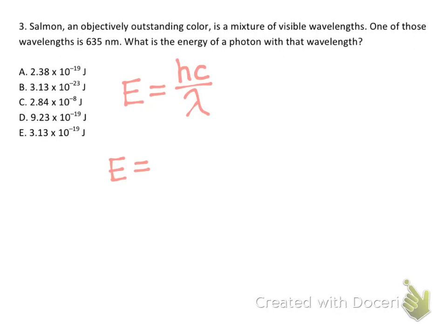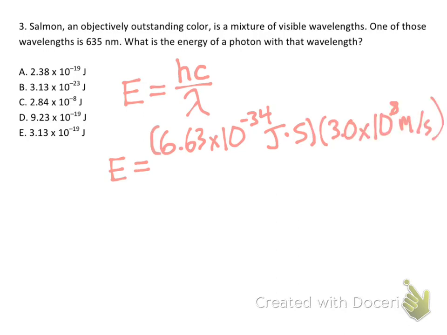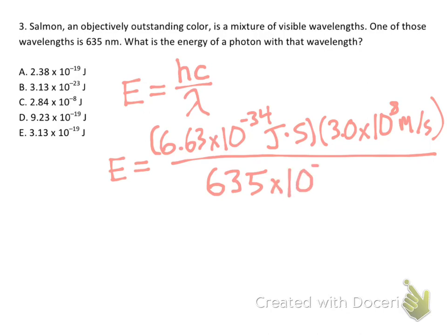So our energy is equal to Planck's constant, 6.63 times 10 to the negative 34th joule seconds, times the speed of light, which is 3.0 times 10 to the 8th meters per second. And then we're going to divide all of this by these 635 nanometers, and recall that the prefix nano means times 10 to the negative 9th.